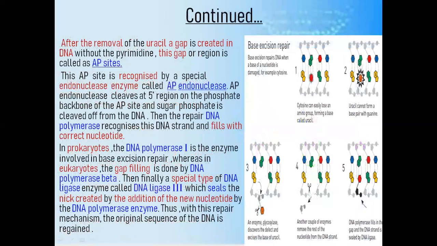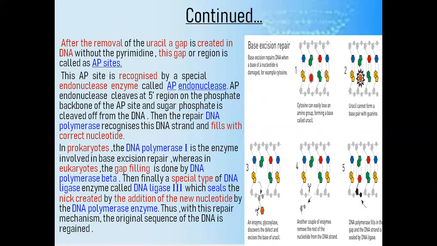After this removal, a gap is created in the DNA without the pyrimidine base. Hence, this gap or region is called an AP site. This AP site will be recognized by another type of enzyme, an endonuclease called AP endonuclease.